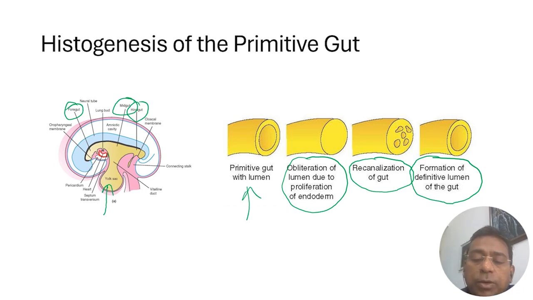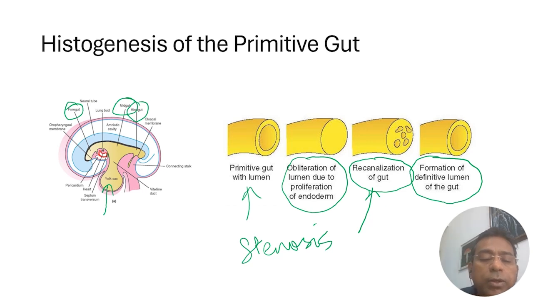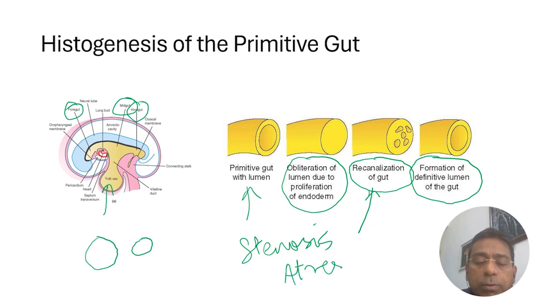Now if there is a problem in recanalization, it leads to stenosis of the gut, in which, if this is the normal lumen, there is partial narrowing of the lumen. It may also cause atresia, and in this condition there is complete obliteration of the lumen.